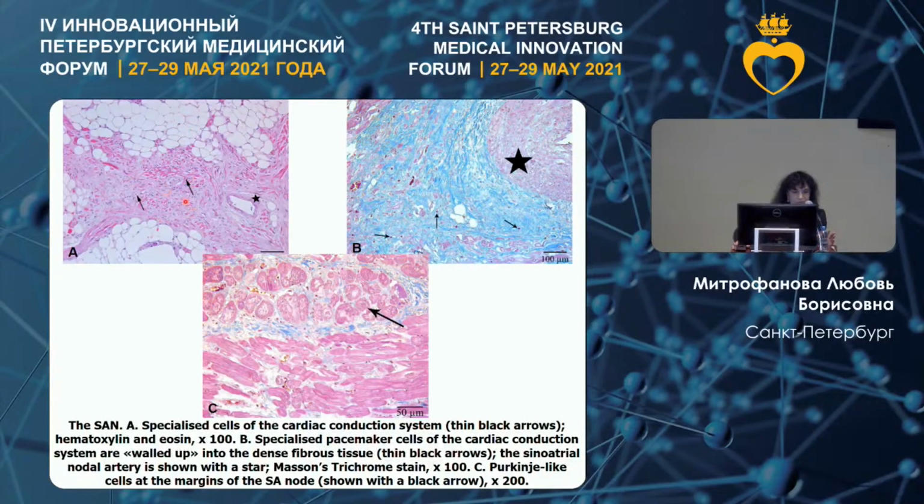That's lipid tissue, fibrous tissue, and inside it there are small cells that provide the contraction and the generation of an electric impulse. They're small, 5 or 6 microns. Then there are the transition cells. Their function is to conduct the electric impulse from pacemaker cells to the working myocardium.